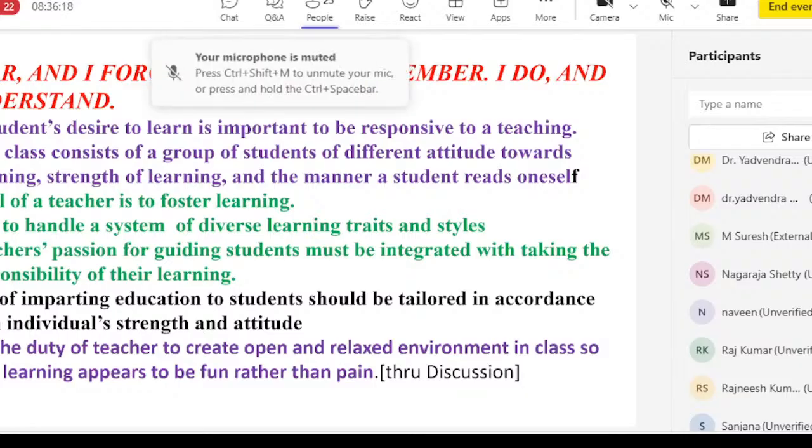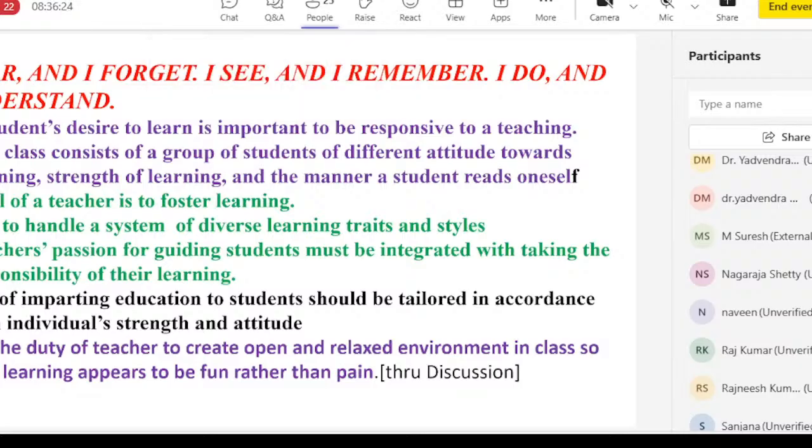In a class, the teacher has come and is very strict. Those days are gone. Now we have to have a very relaxed environment where the students can be made frank to interact with the teachers. And then the teacher is more benefited than the student.